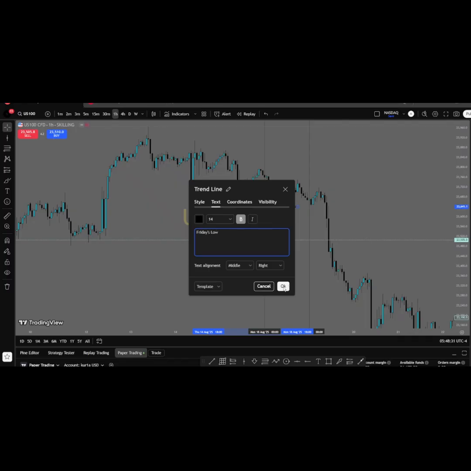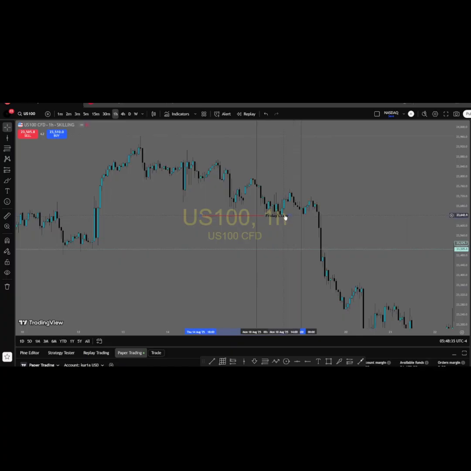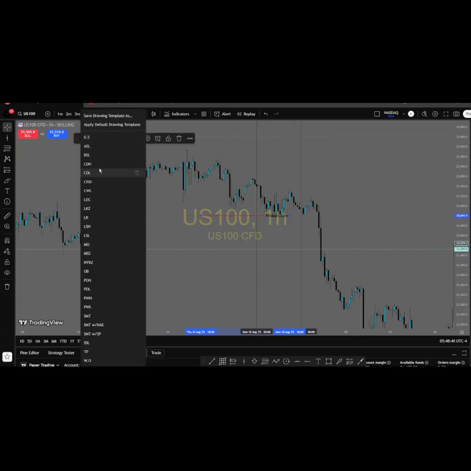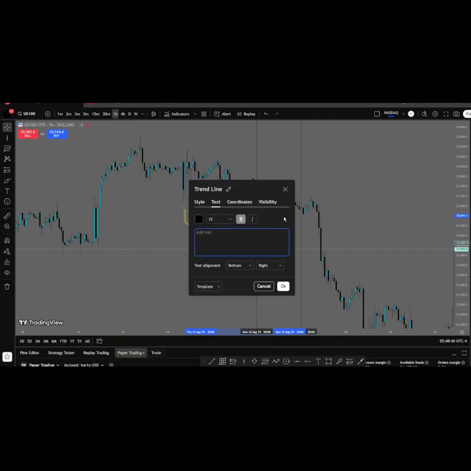Actually, this was one of the weeks where the market tests your patience to the brim, but we held on to our bias and price action. So this is Friday's low.